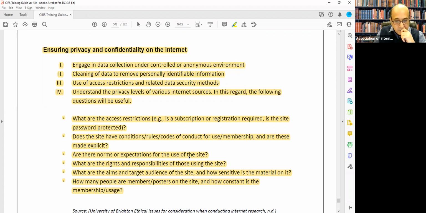Are there norms or expectations for the use of the site? What are the rights and responsibilities? Now, this is covering both, not just the surveys, but polls as well.